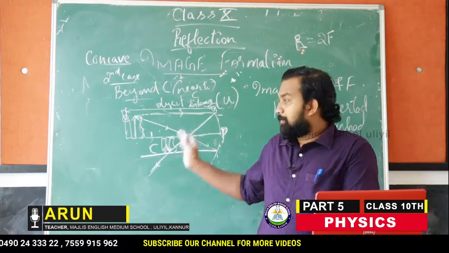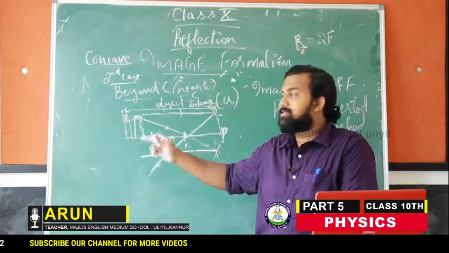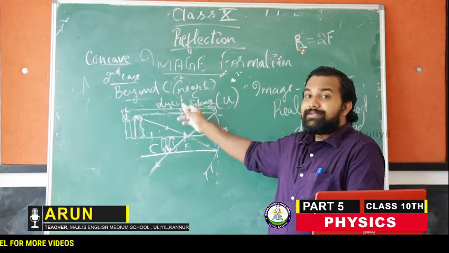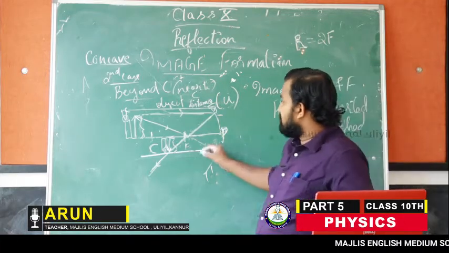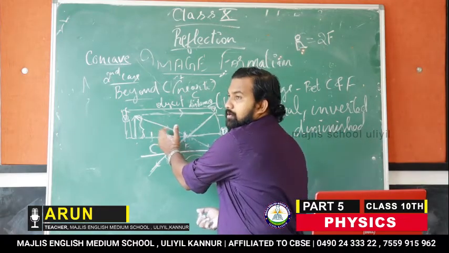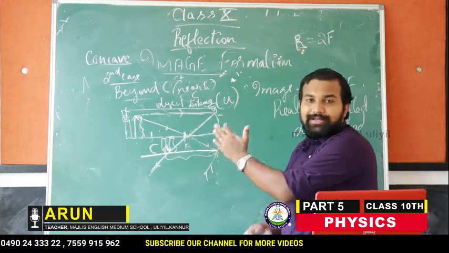So from the mirror we have to measure the distance and note it down, so that distance is the object distance, and we will denote it by the letter u. And we keep the screen near the mirror, adjust the screen and we will get a clear image.